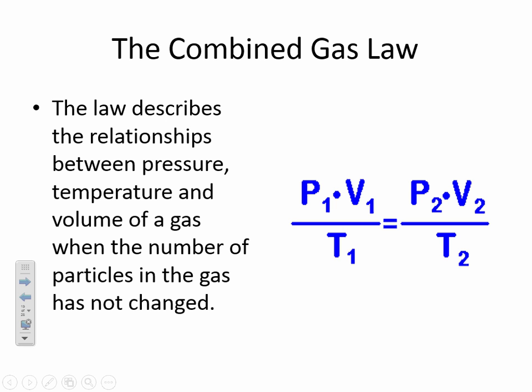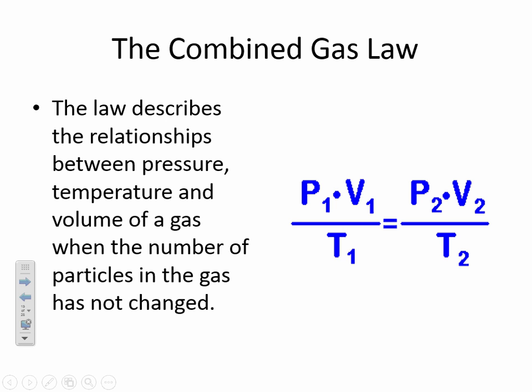Now, P stands for pressure, V stands for volume, T stands for temperature. 1 stands for the initial, the starting point, and all the 2's stand for what happens if it changes.